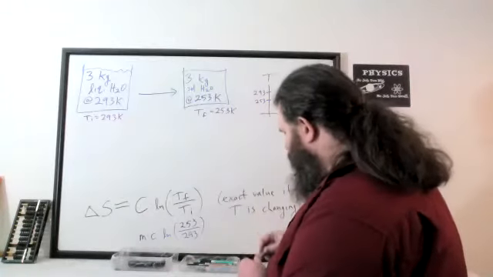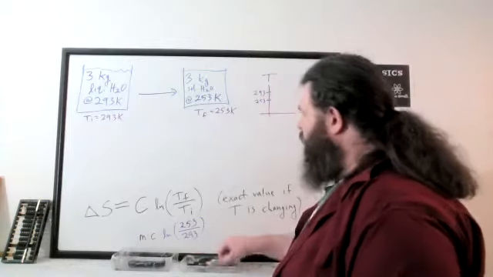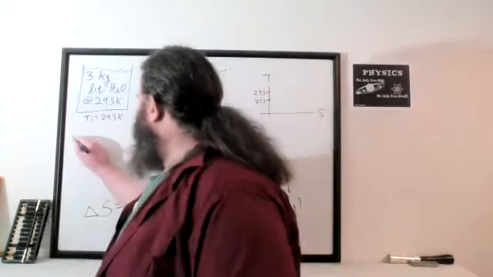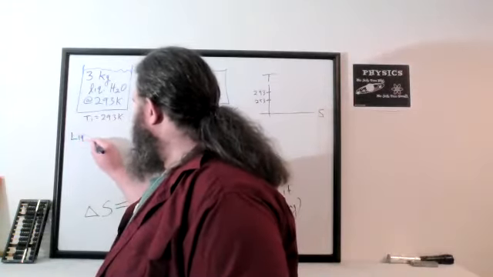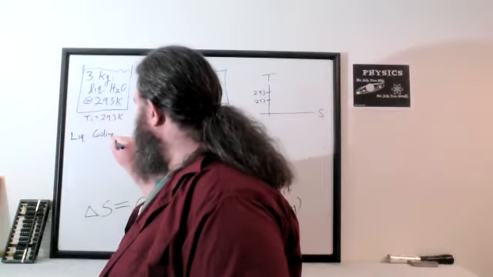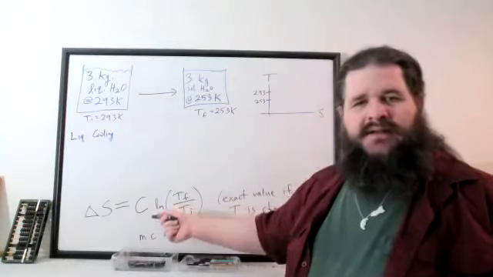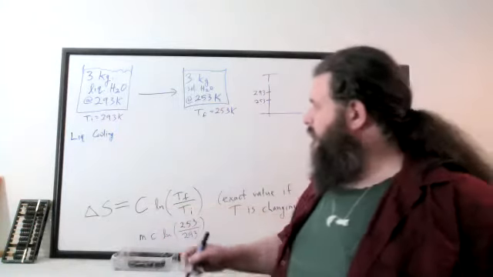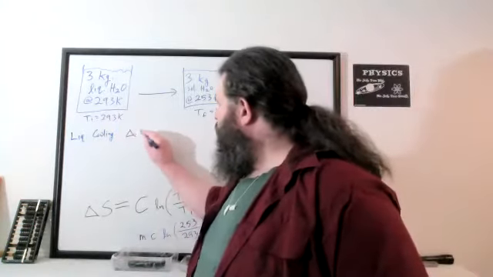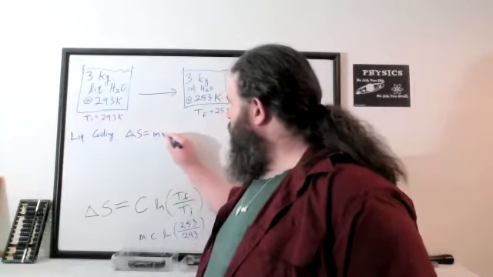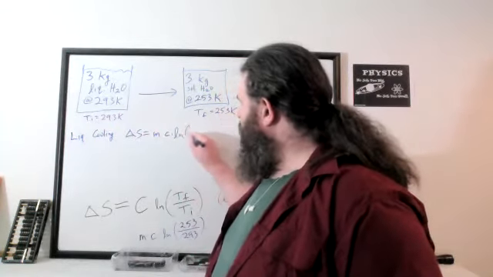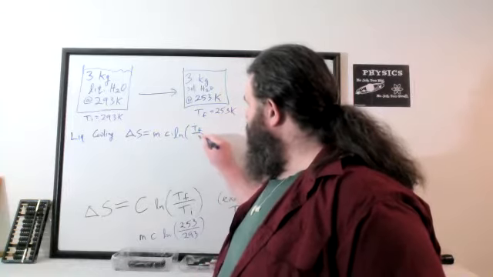We've got the freezing process, or the cooling process. Liquid cooling off. For that we can use the heat capacity times logarithm of the ratio of temperatures. Delta S equals mass times specific heat times logarithm of T final over T initial.